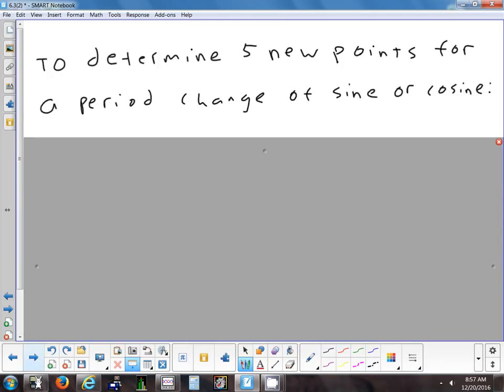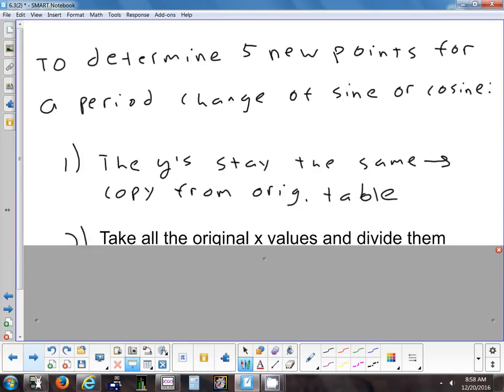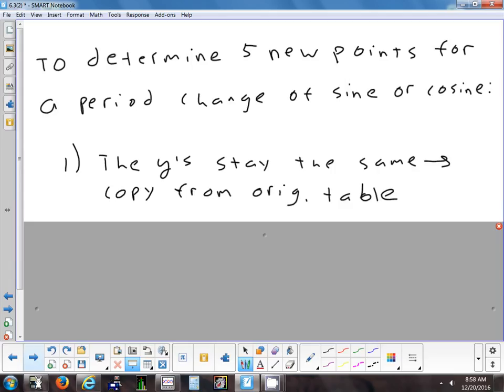All right, so we're doing a period change. So what values are going to stay the same? The y values. Okay, the y values are going to stay the same, which unfortunately means the x's are going to change. So the x's are the ones that have pi in them. So we're going to have to do arithmetic with pi.